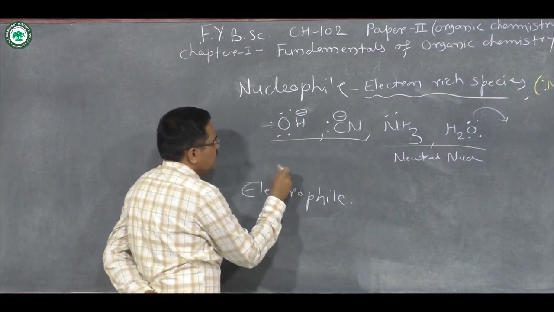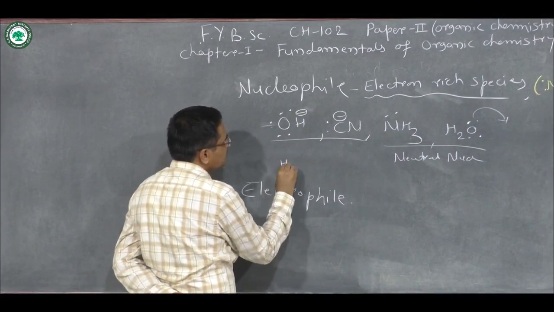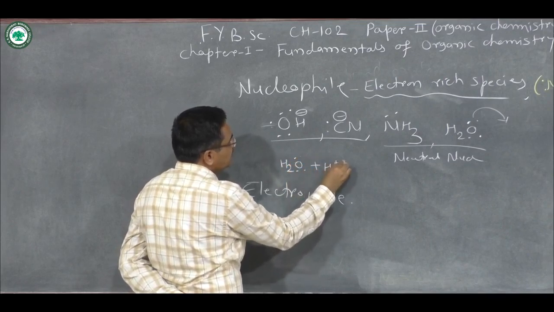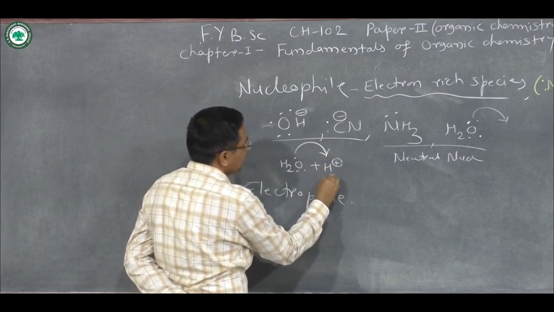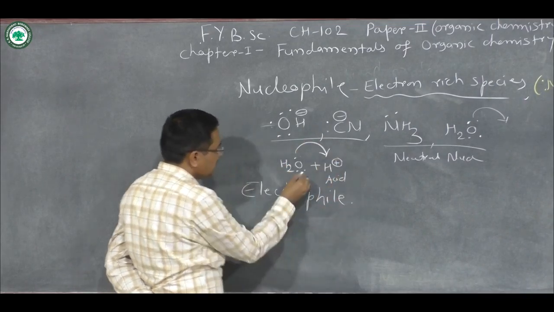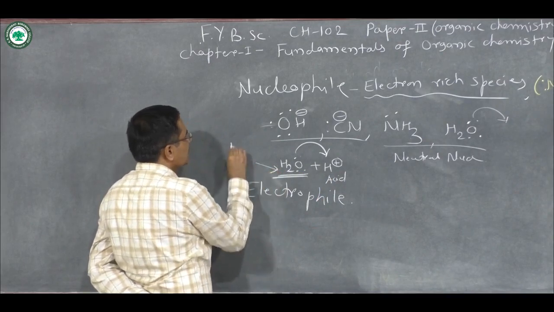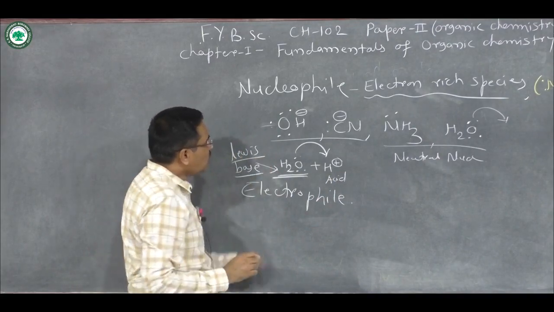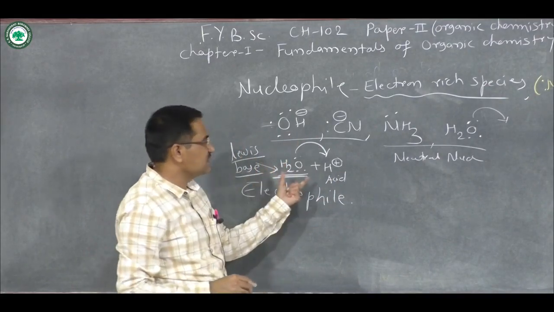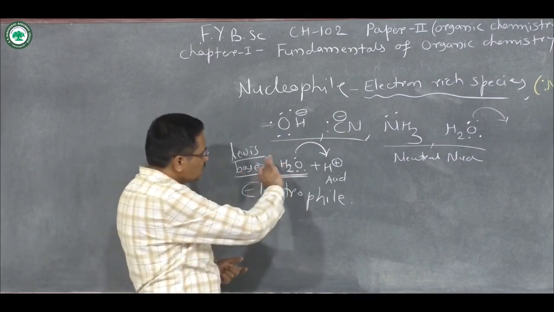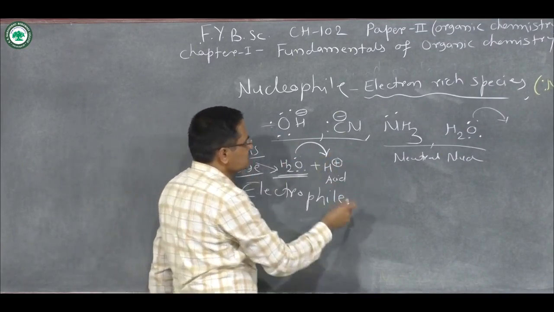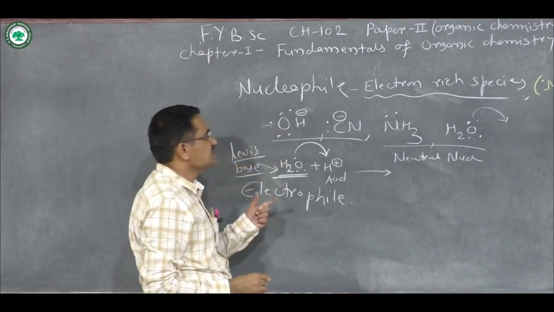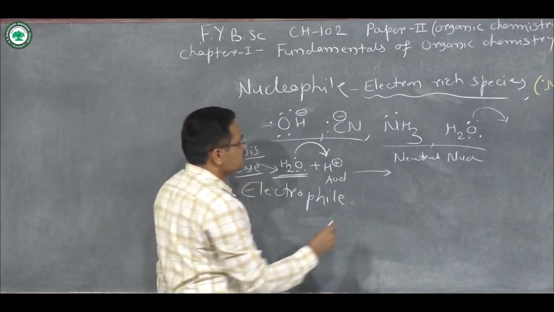Now here when this nucleophile donates its lone pair to acid, then this is called a Lewis base. Not all nucleophiles are Lewis base, but those nucleophiles that donate the lone pair of electrons to H plus or acid are called Lewis base. Means some nucleophiles act as a Lewis base.